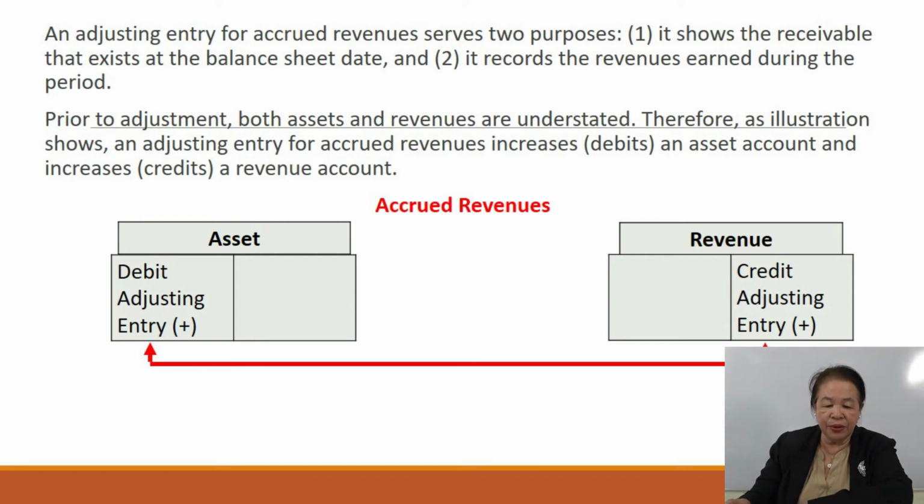So, dinagdagan mo yung asset, dinagdagan mo rin yung revenue. Okay. Ito yung asset na balance sheet account, ito yung revenue na income statement account. Kasi pag nag-adjusting entry ka, ang isa is balance sheet account, ang isa is income statement account. Yung isa is temporary account, ang isa is permanent account. Kaya ka nag-a-adjust, no?